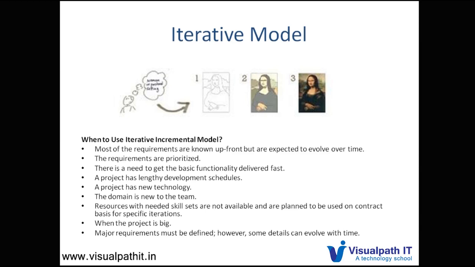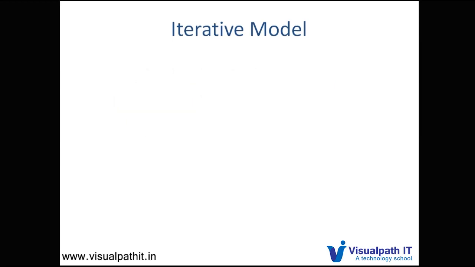And if a project is very lengthy, it is always good to go by the iterative model, dividing the project and going one by one. And if our team is working on some new technology, then also it is suggested to go by the iterative model.